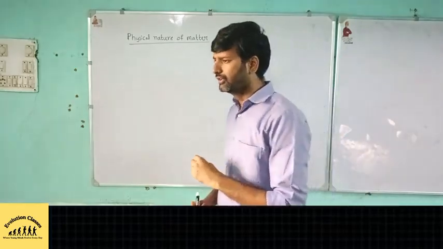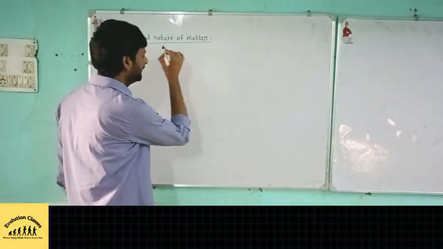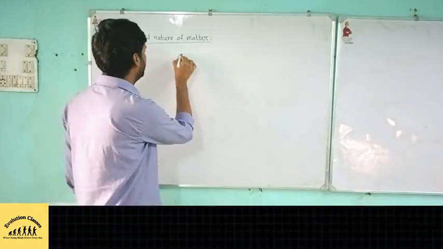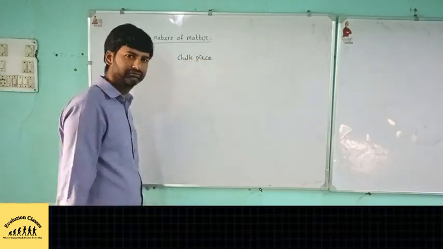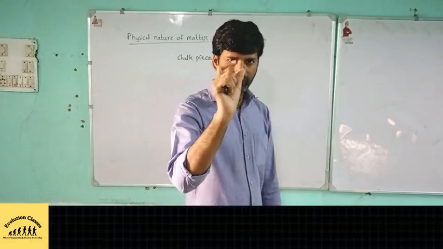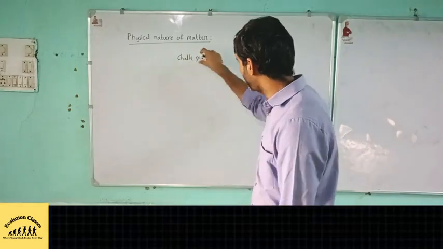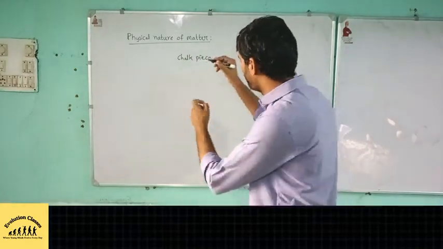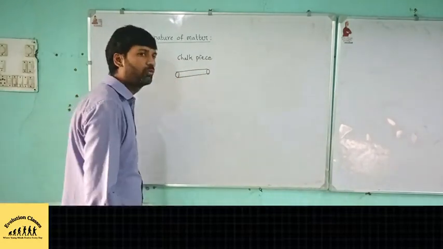First of all, imagine a solid material like a chalk piece. Take an example of a chalk piece, because we can easily visualize the physical nature of any matter by this example. You take the chalk piece and crush it. What do we get?